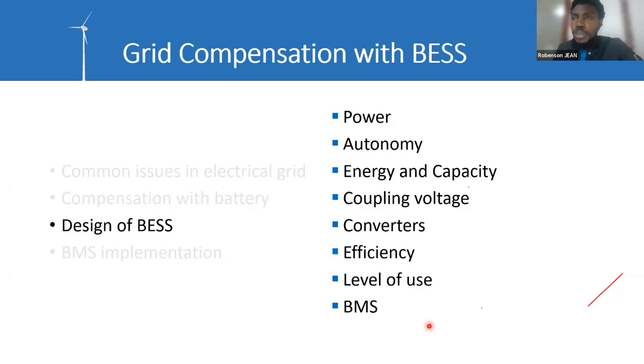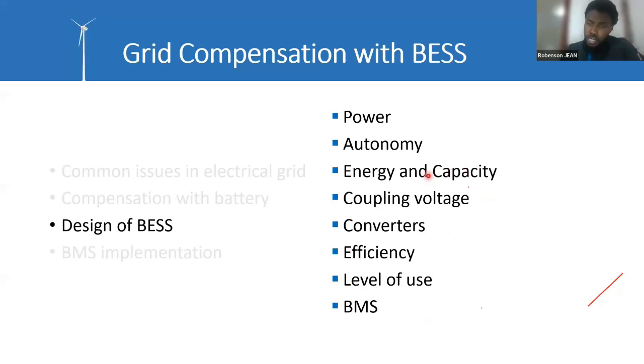As we were talking about battery energy storage system, how to design a battery energy storage system. So we have to take into account, first of all, the amount of power that we will deal with. For instance, if we will deal with 10 kilowatt for the battery energy storage system, this is the first information that we have to take into account.